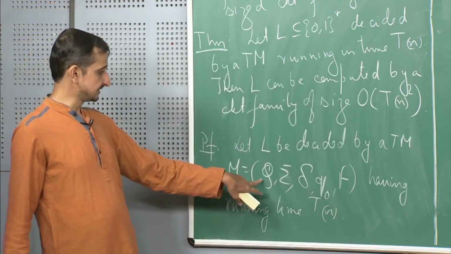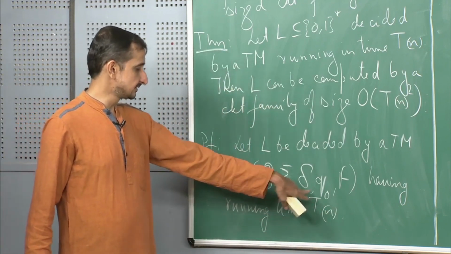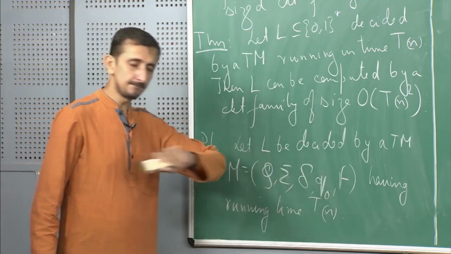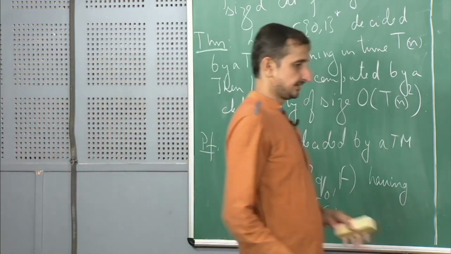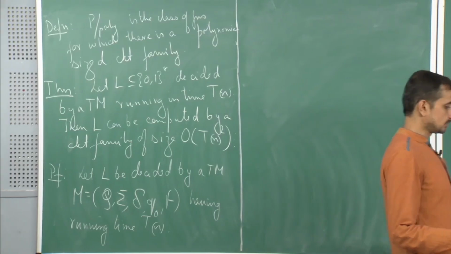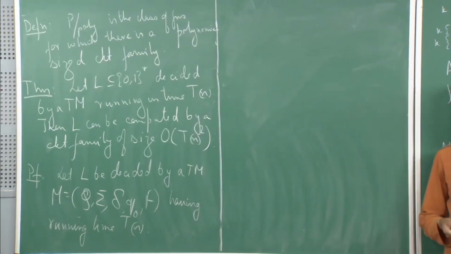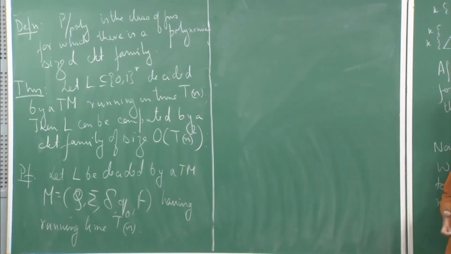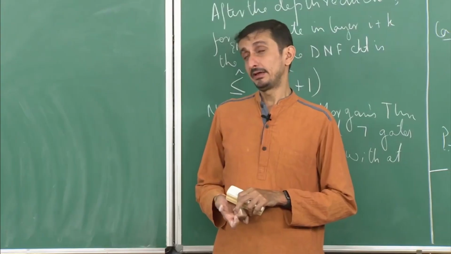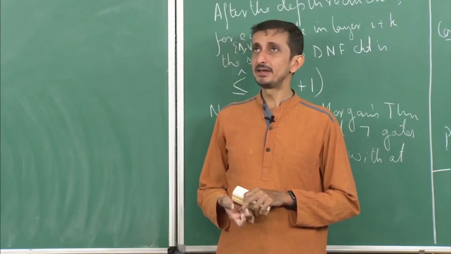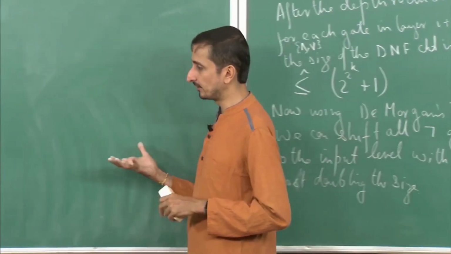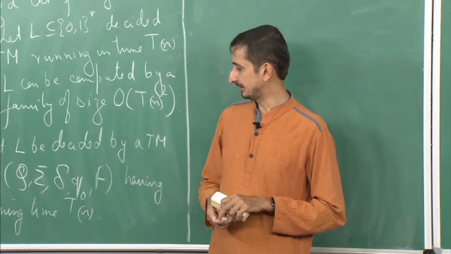So, Q is the number of states, sigma is the alphabet, delta is the transition function, then the start state and the set of accept states. We will assume, without loss of generality, that the Turing machine has a single tape. Initially we only have the input X written on the tape, everything else is blank.